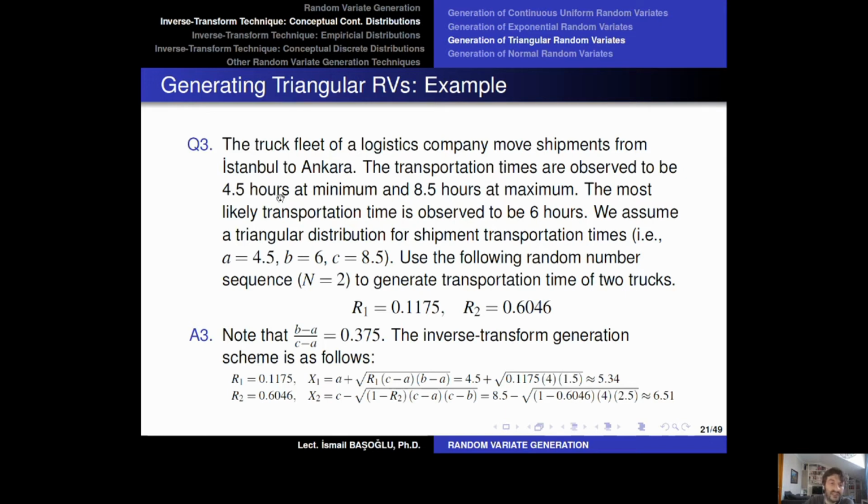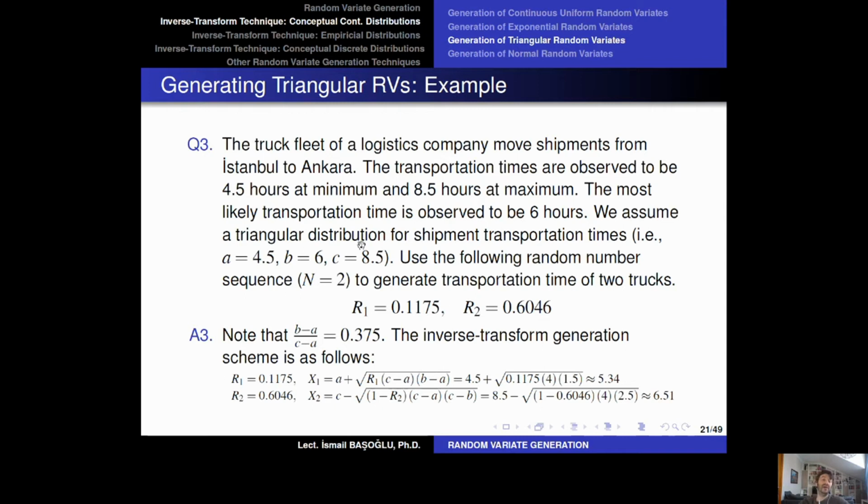So 4.5 is the minimum transportation time, therefore a is equal to 4.5 in this question. 8.5 is the maximum transportation time, so c is 8.5. And the most likely transportation time is observed to be 6 hours, so b, the mode of the distribution, is equal to 6. These three parameters are respectively called the lower bound, the mode, and the upper bound of the triangular distribution.